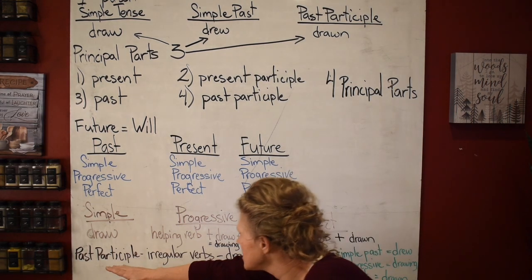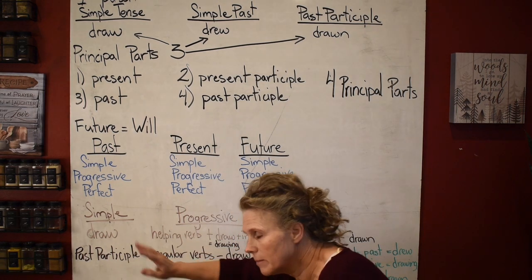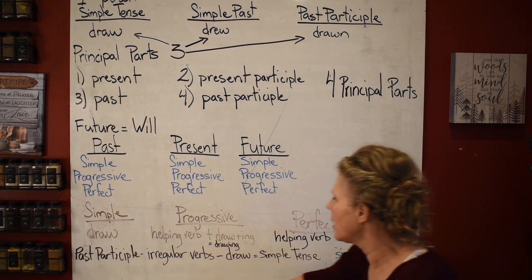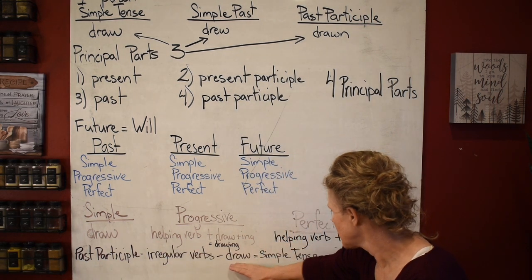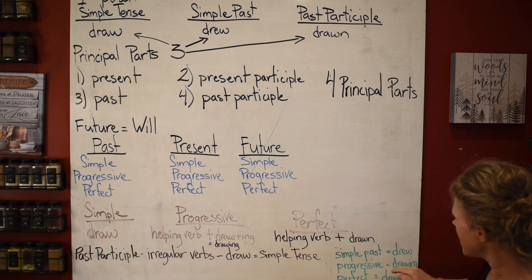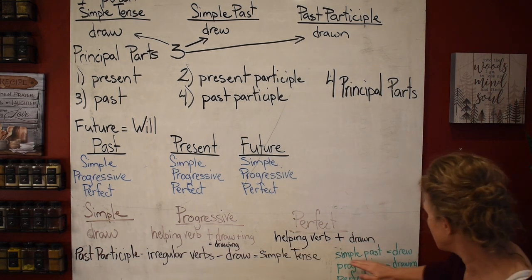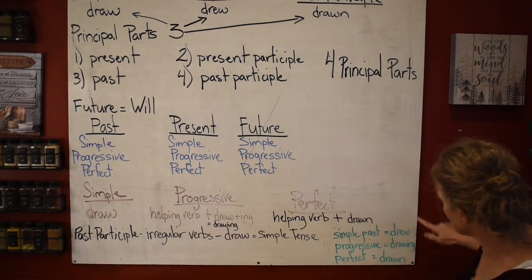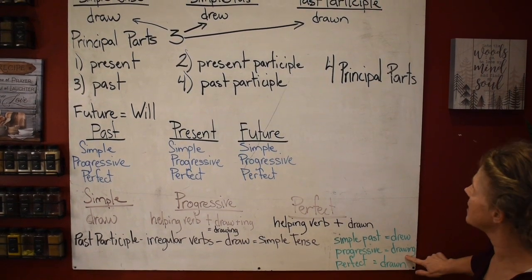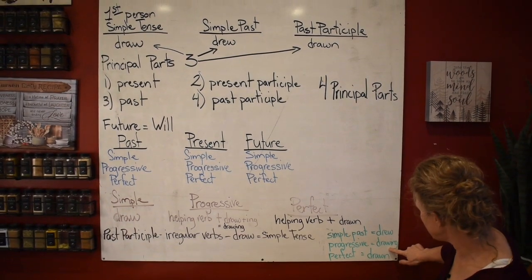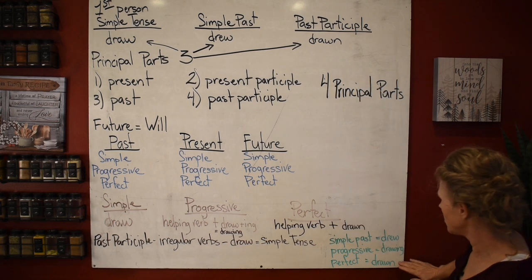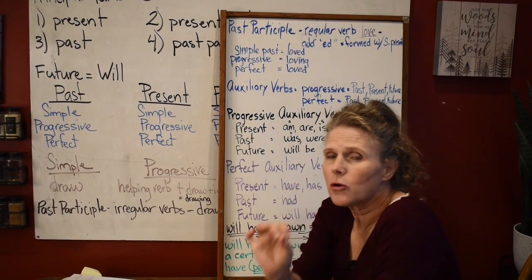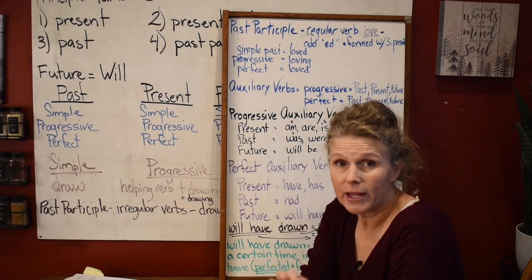So your past participle comes off with the irregular verb draw in the simple tense, and then we have our simple past is drew, our progressive is drawing, and our perfect is our past participle drawn.